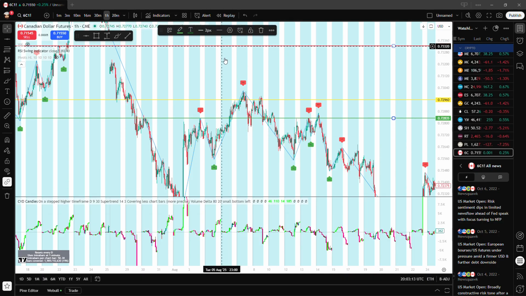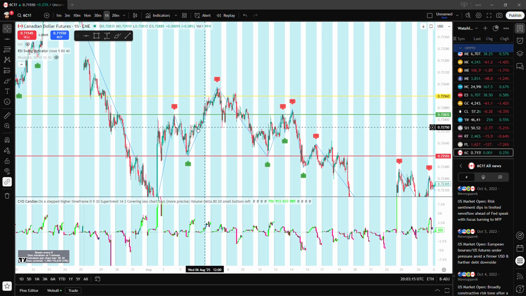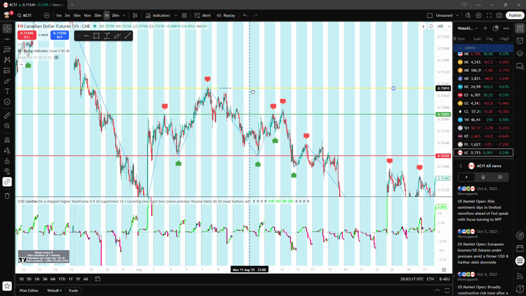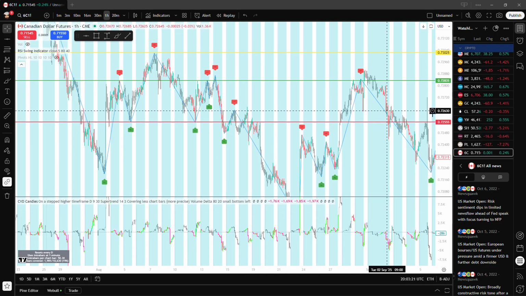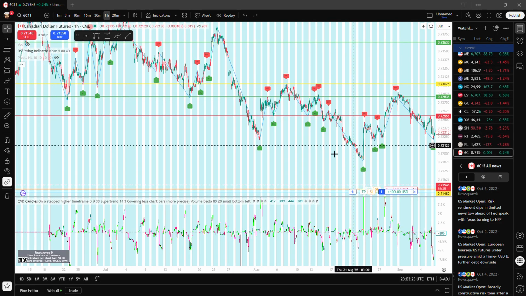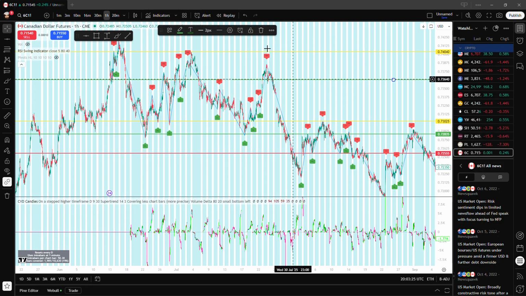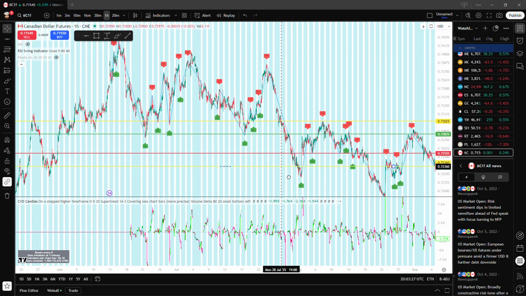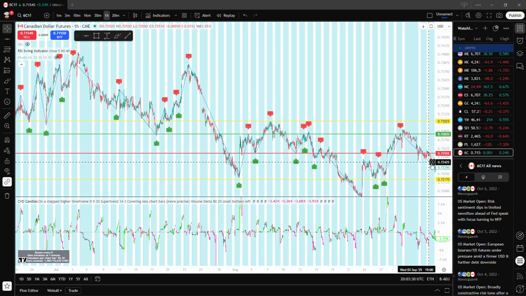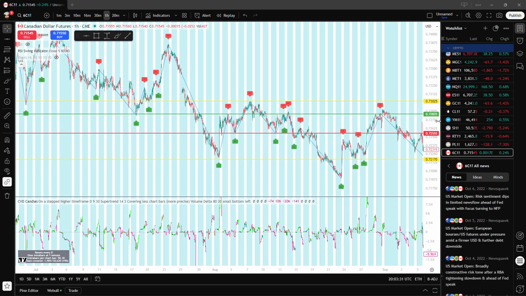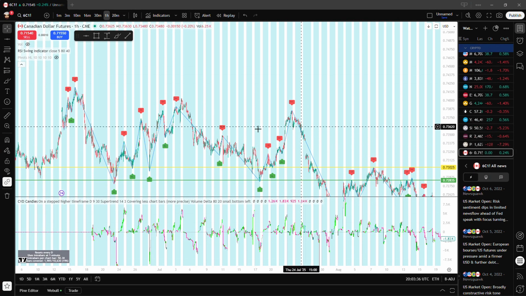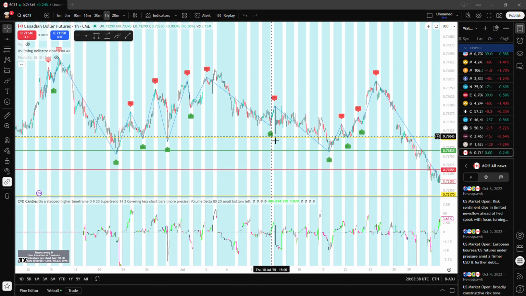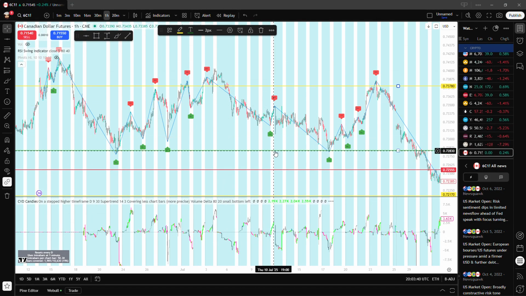Or actually no, if I was going for sells. Okay, let's look at this right here. This is kind of a good example, like a downtrend. Maybe let's do something more difficult, like right here.